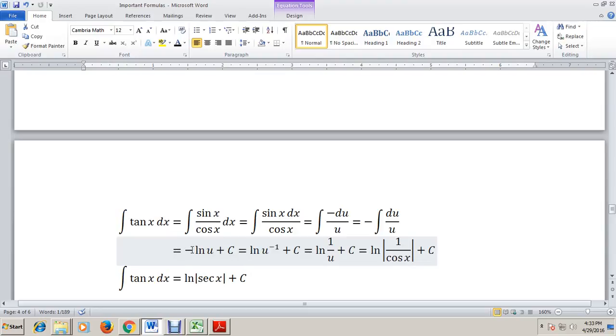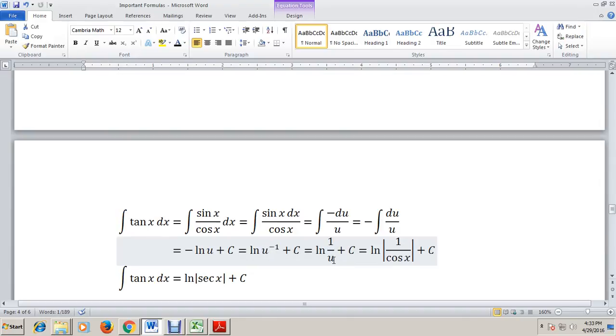Or of course, this is negative 1. We could place our negative 1 as an exponent for our u as part of the property of the natural logarithm. We have ln of u raised to negative 1 then plus c. Of course, u raised to negative 1 can be reciprocated so that we have 1 over u.